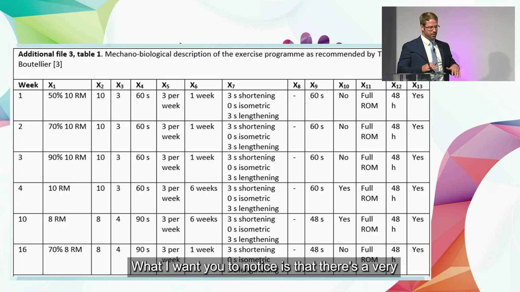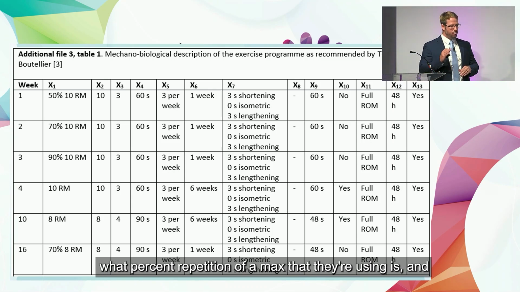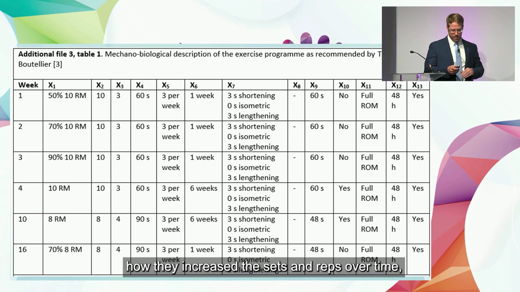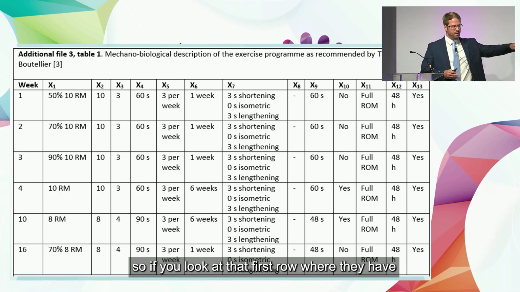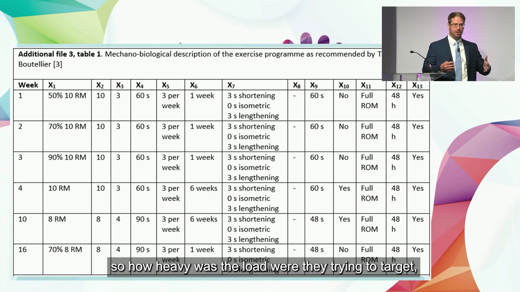What I want you to notice is that there's a very specific set of criteria that they use in terms of grading what percent of repetition max they're using and how they increased the sets and reps over time. If you look at that first row where they have X1, that corresponds to how much load they use. So how heavy was the load they were trying to target?